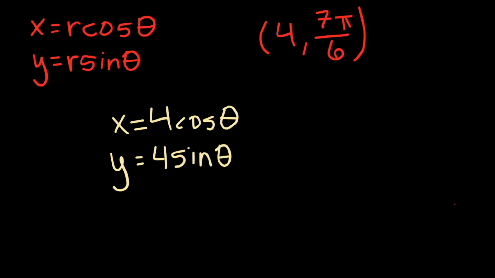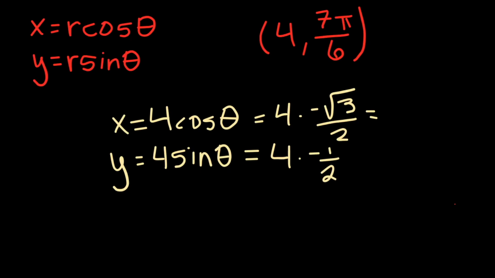By using our unit circle values for the cosine and sine of 7 pi over 6, we would know that x would equal 4 times negative root 3 over 2, and y would equal 4 times negative 1/2.